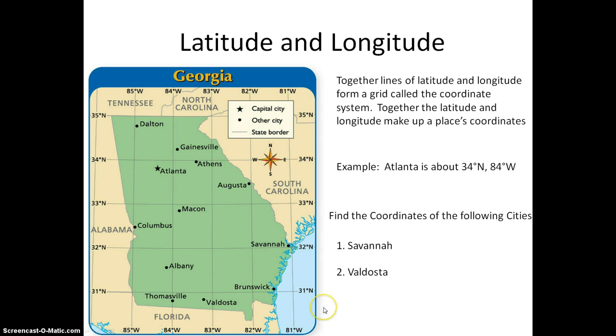Together, lines of latitude and longitude form a grid called the coordinate system. Together, the latitude and longitude makes up a place's coordinates. For example, everyone find Atlanta, which is the capital of Georgia.